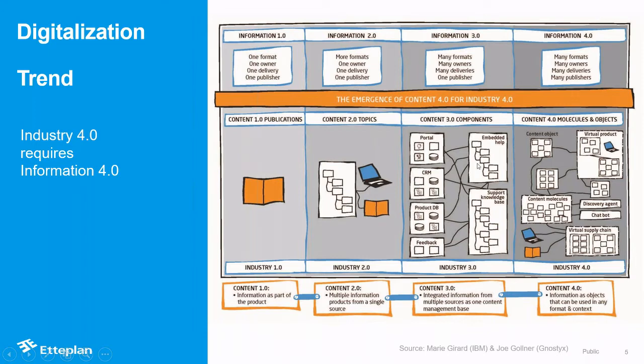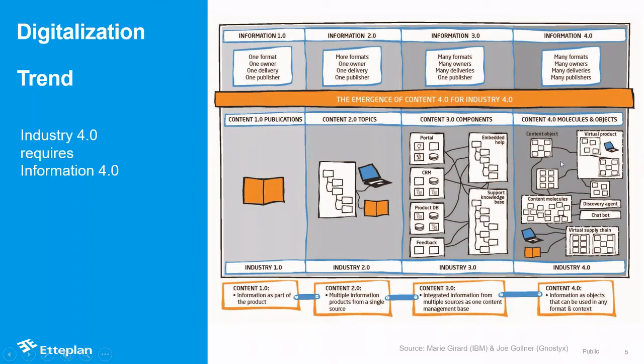In industry 3.0, we will have many formats, multiple formats. There's probably more than one owner. So we combine information from different sources and start publishing that as one source for an end user, for example. A combination of a technical manual and maybe the spare part manual, or embed your manual in a system as embedded help.